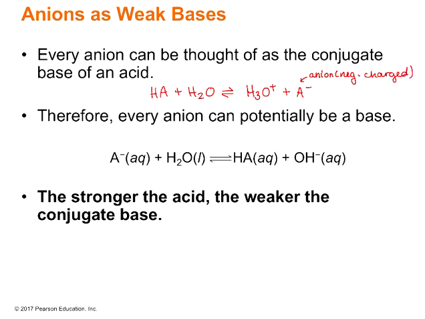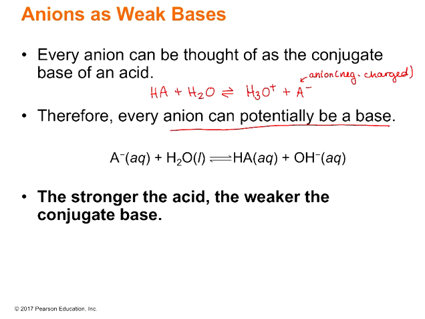So remember that anions are negatively charged and cations are positively charged. Now, every anion can be thought of as the conjugate base of an acid. Therefore, every anion can potentially be a base.